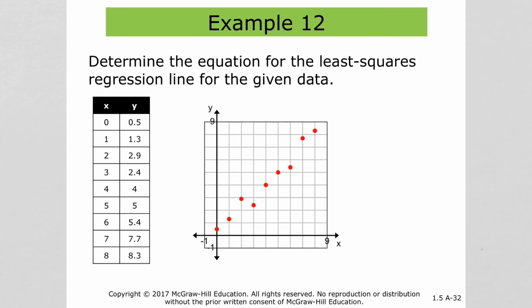It says determine the equation for the least squares regression line for the given data. So what we've got here is a table with some data, and it's been plotted to make what we call a scatter plot. And we want the line that goes through these points that most accurately represents these points.